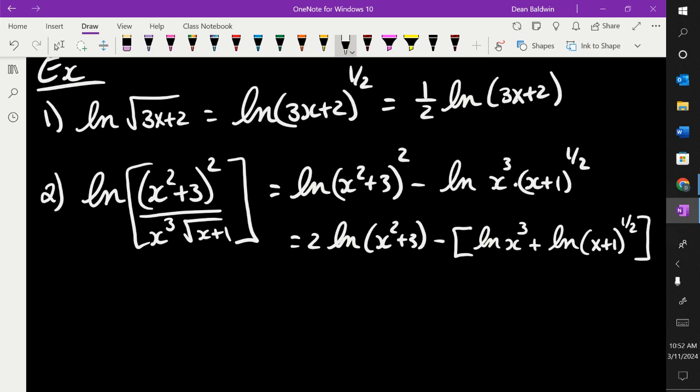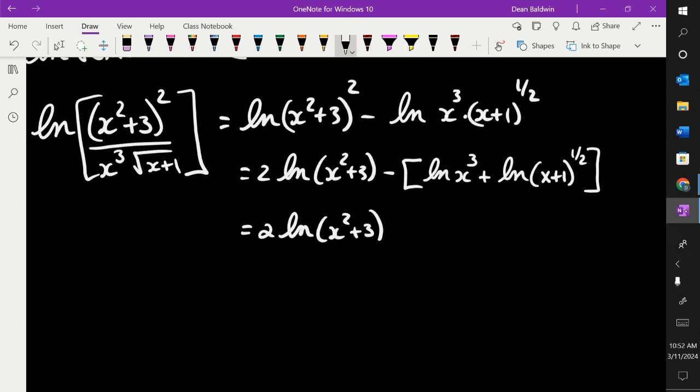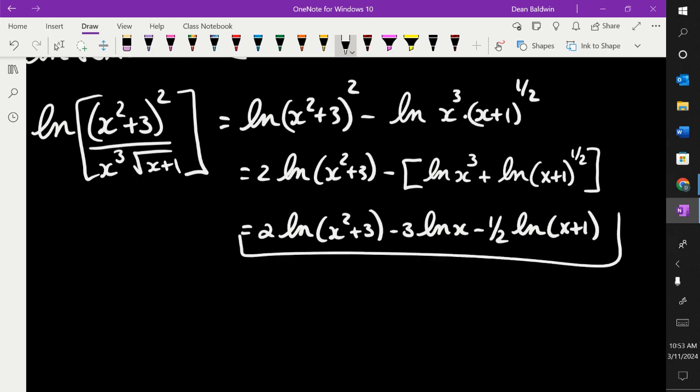And then the final step will be to distribute the negative in and drop the exponents. There you go.